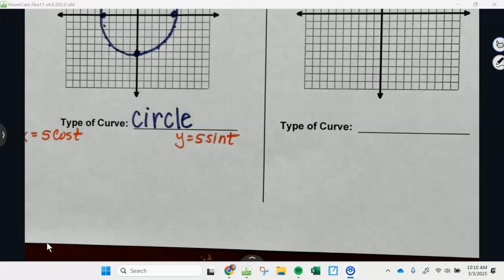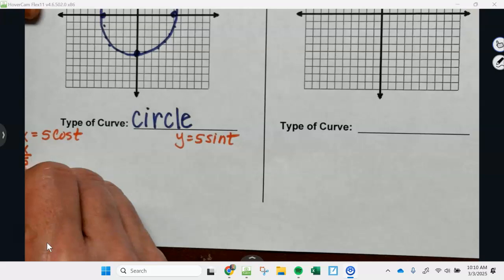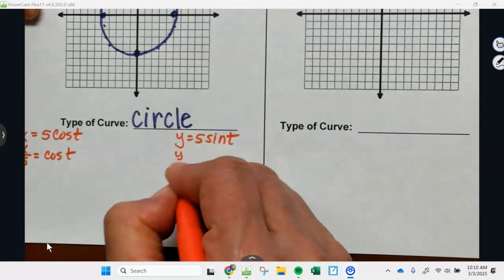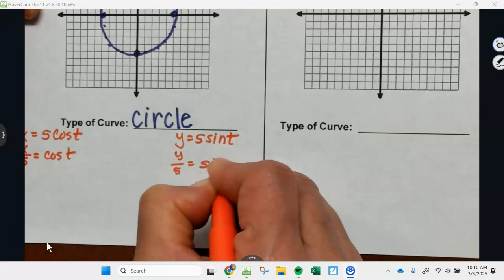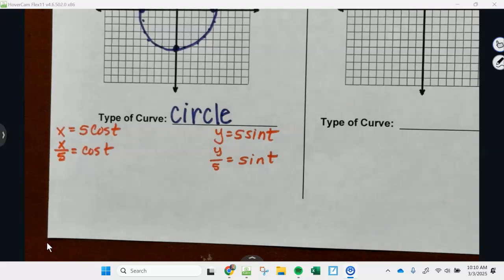All we're going to do is divide both sides by 5. So when I divide both sides by 5, x over 5 equals cosine t, and then y over 5 equals sine t.